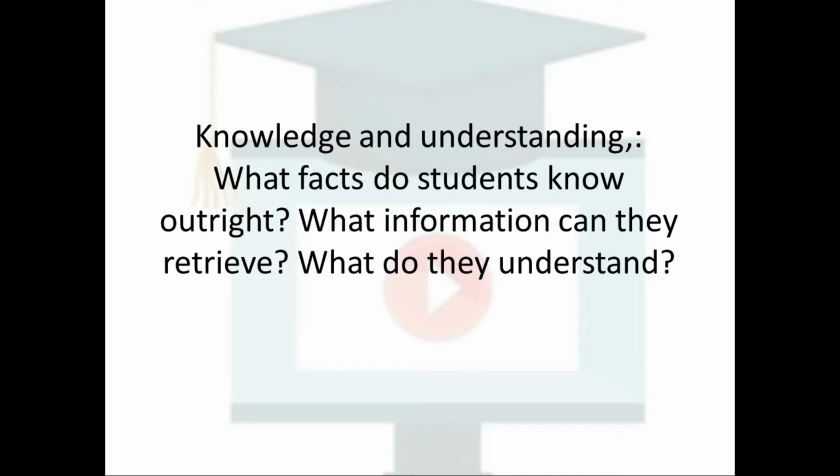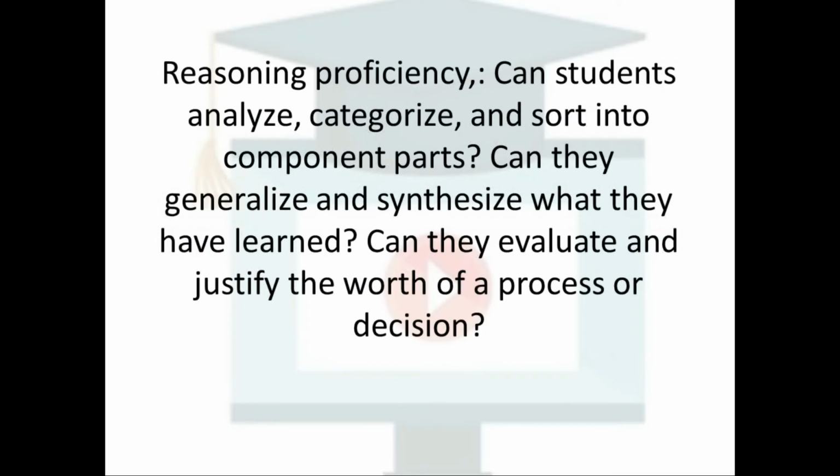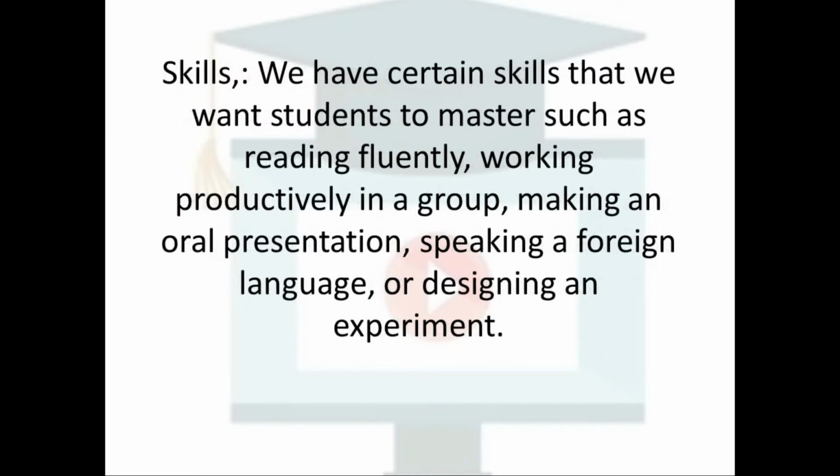What information can they retrieve? What do they understand? Reasoning proficiency. Can students analyze, categorize, and sort into component parts? Can they generalize and synthesize what they have learned? Can they evaluate and justify the worth of a process or decision?